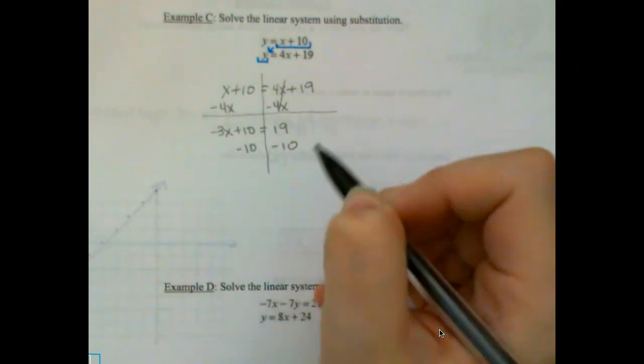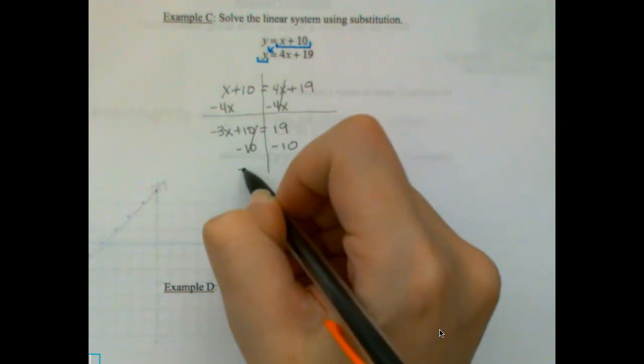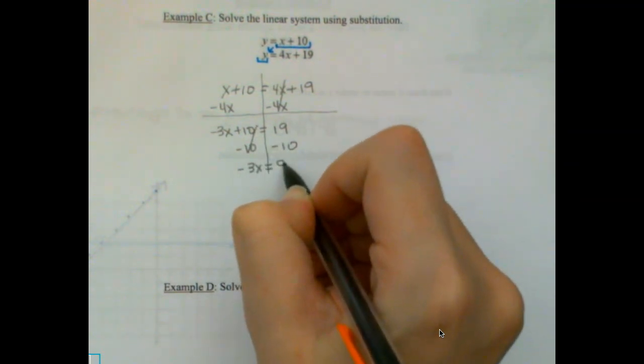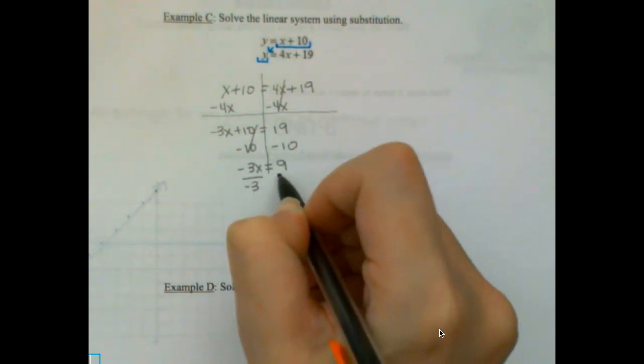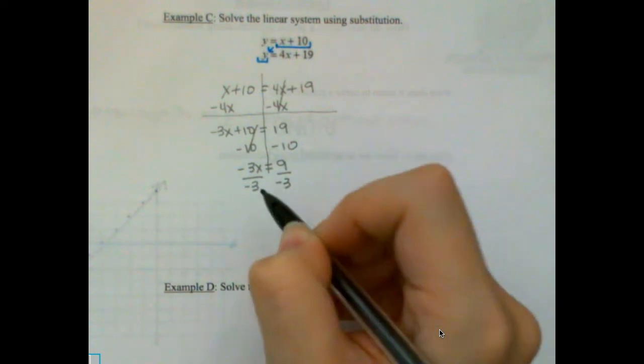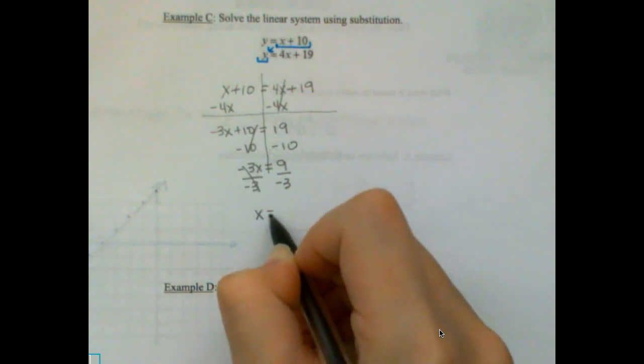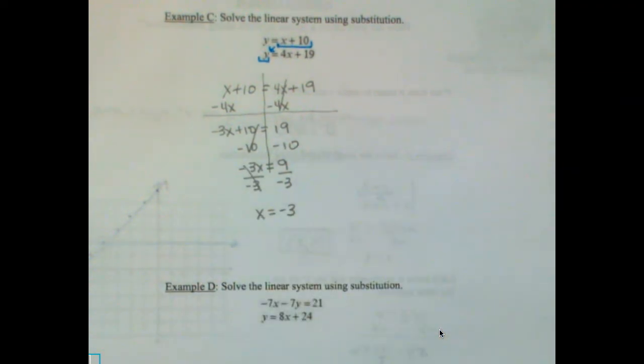Subtract the 10 on both sides. Negative 3x equals 9. Divide both sides by the negative 3. And I get x equals negative 3. You've got to be really careful with your signs here. Pay close attention to how you're solving. All of that stuff is going to make a difference.